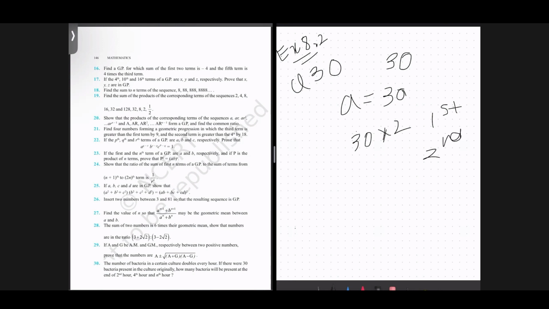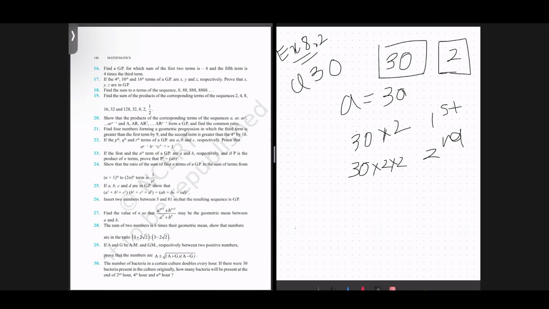At the end of second hour, they are going to be 30 into 2 into 2. And so on and so forth. When you do this, you are going to be able to see the pattern inside this series. The pattern that you see here is that the first term is 30, the common ratio is 2, and the entire sequence forms a geometric progression.